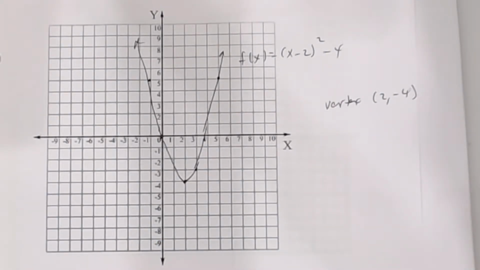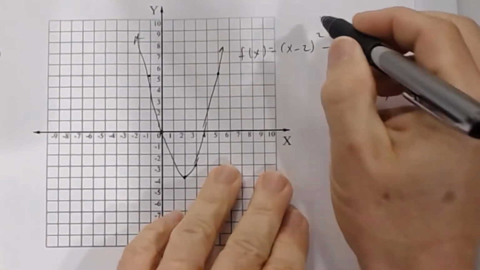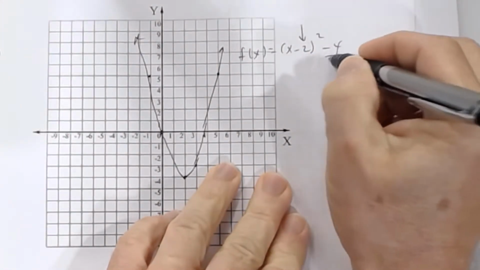You notice I put parentheses there. Vertex is 2, negative 4. Do you see 2, negative 4 anywhere in your function? Yes. I see 2 here, and I see negative 4 here.